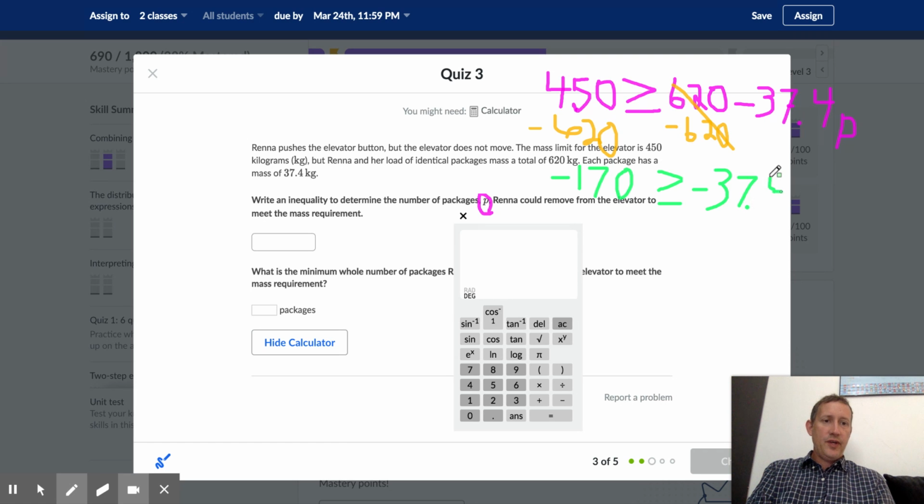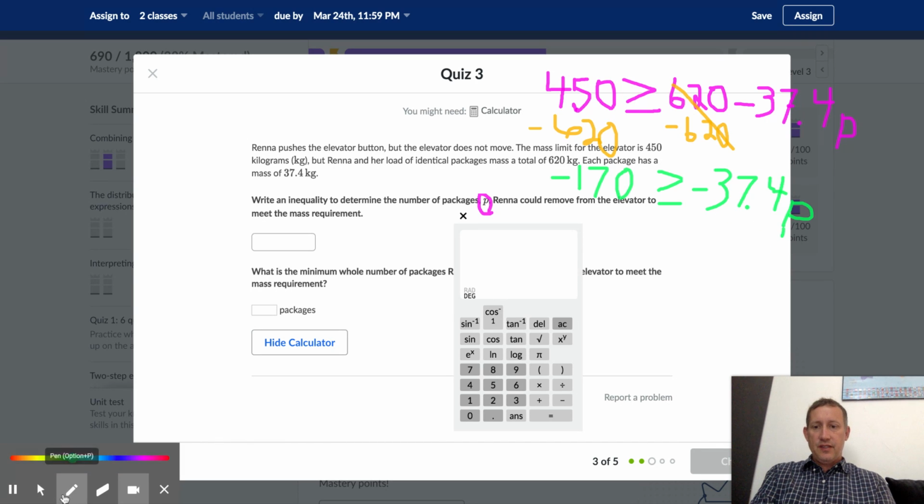Now, there's a lot of ways to proceed from here, but I'm going to do it by dividing the negative coefficient, just to remind you of that rule. Okay, so our next step is to get P by itself. So we're going to divide it. We're going to divide both sides.